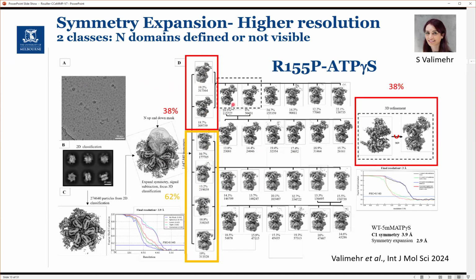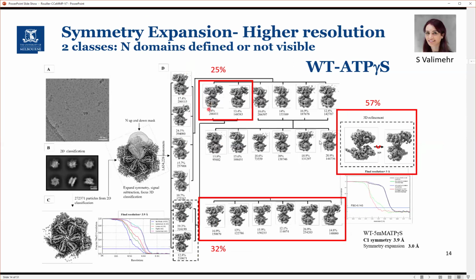In the case of the mutant protein, she was able to see the N domain for about 38% of the monomers within all the hexamers. She did the same analysis for the wild-type protein. This was not as bad, where she could see the N domain for about 57% of the particles, and in the others the N domain was completely washed out.